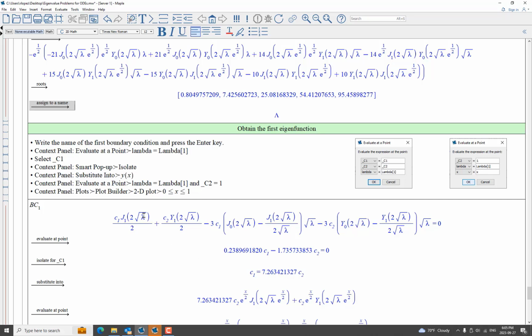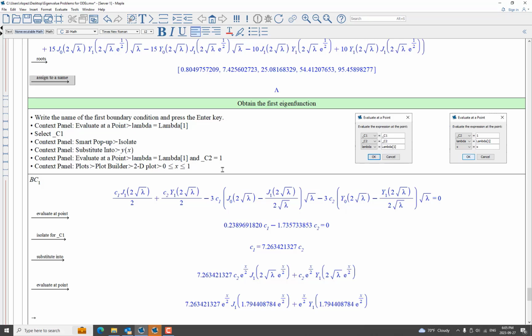So these lambdas in here will be set equal to the first lambda in this list. And so all of this collapsed to this numeric expression. And what we did before, we solved for one constant in terms of the other, then put it back in here. And so everything is now multiplied by C2, which I can arbitrarily set equal to 1, and that's what I've done here.